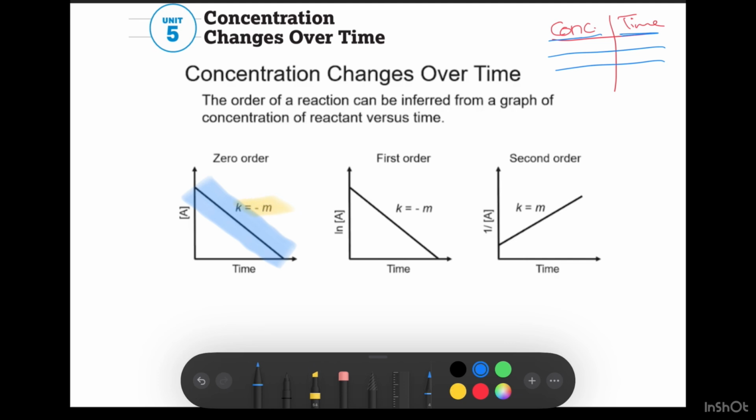Since we have a straight line with a negative slope, once we plotted the concentration on the y-axis and the time on the x-axis, I can deduce that the order is 0.